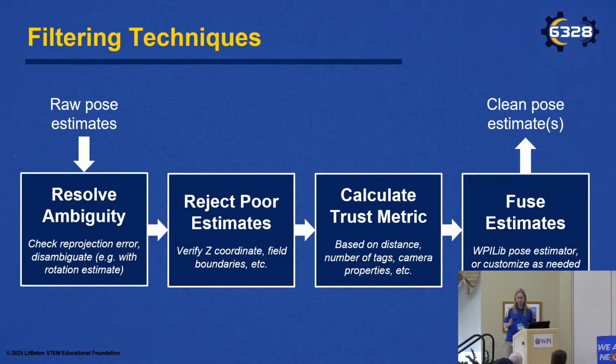Generally, WPILib's pose estimators do a great job of that. You can also customize them a little bit if you need to fit different architectures or address some of their quirks. Those of you who have played with them might notice that, for example, if your gyro offsets conflict with each other, you might sometimes get fun orbiting motions. There are reasons for that, but sometimes it may not be desirable. So lots of ways to do pose estimation and fuse estimates.